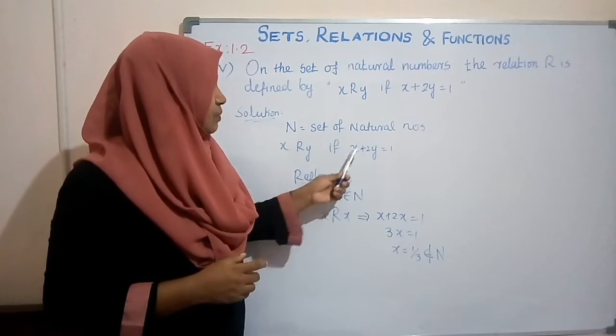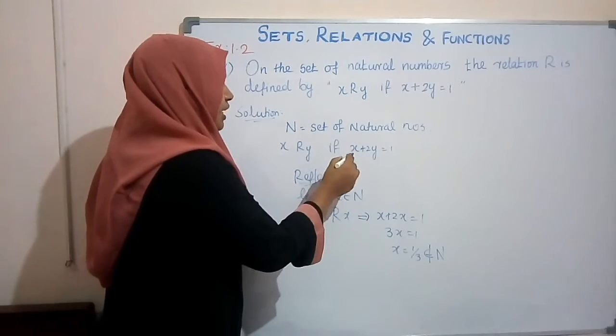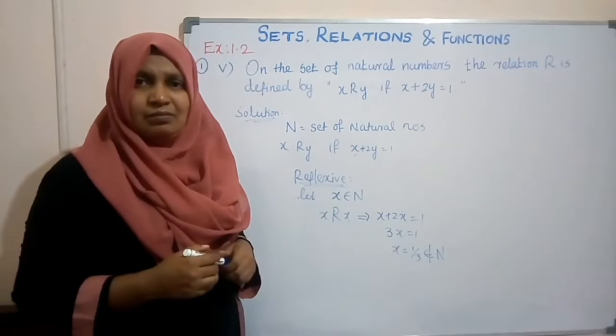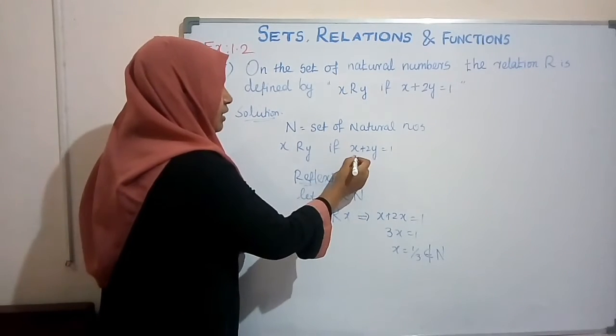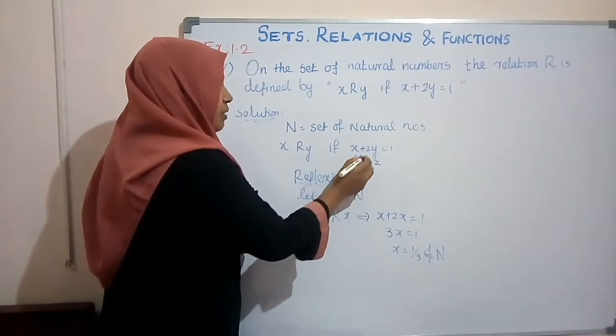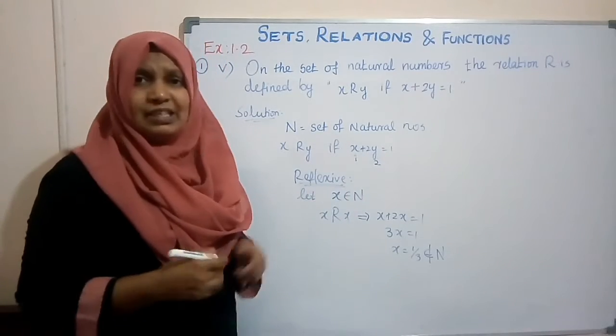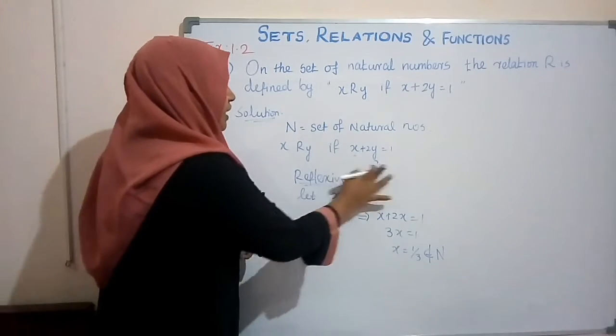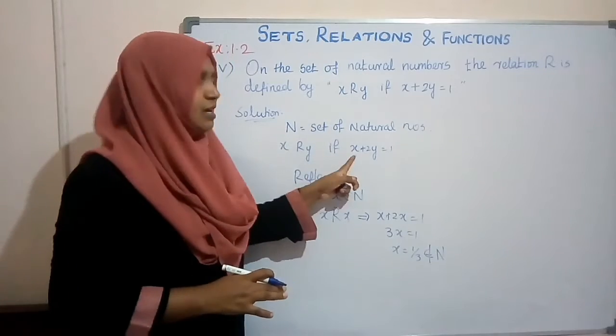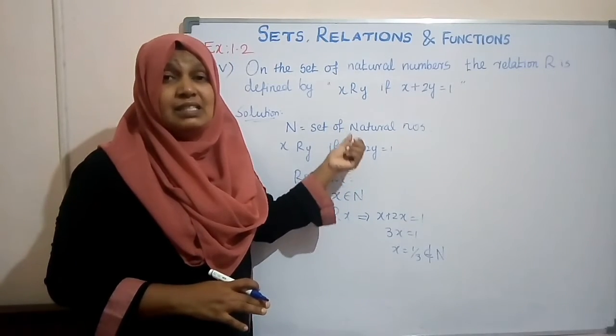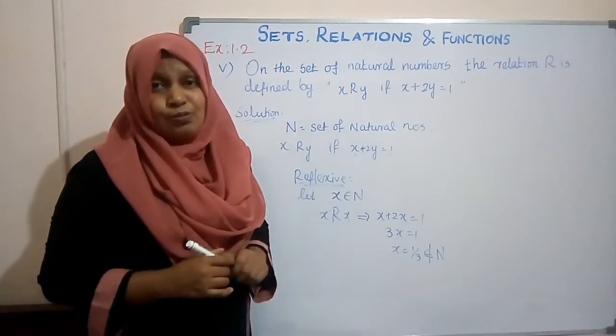By substituting any two natural numbers, will you get 1? See, you can substitute 1 and 2. That is 1 plus 2 into 2 means we won't get 1 again. Therefore, we can't find any such numbers that satisfy x plus 2y is equal to 1.